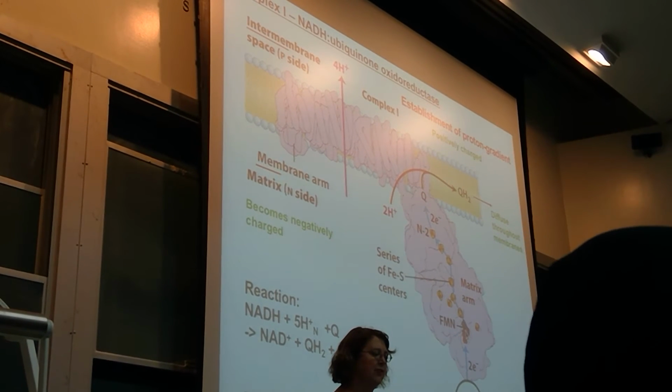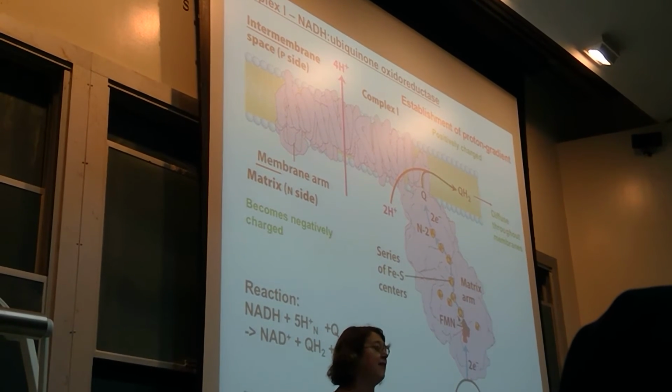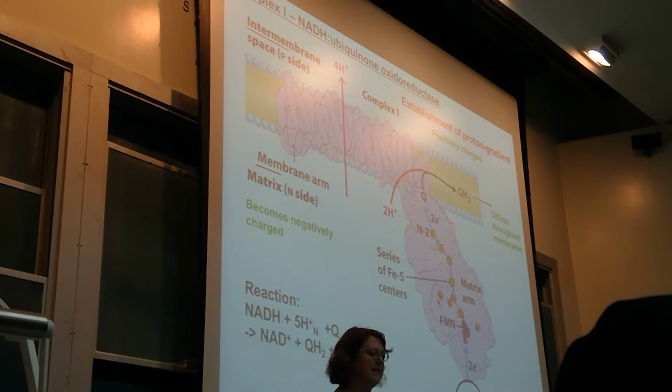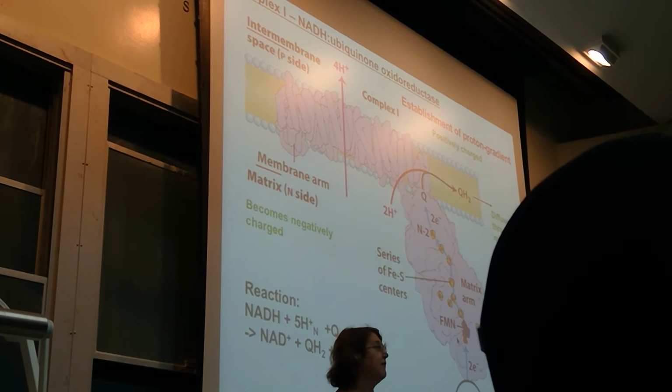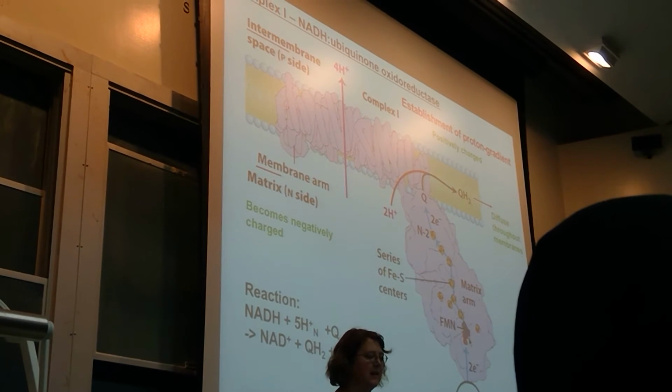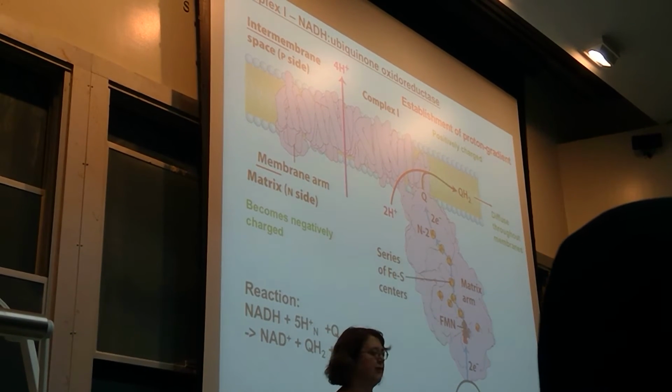So then they're being transferred. Whenever you see on these slides blue, it's the electrons, and black is for the ubiquinone, or Q. So these electrons are being transferred through the FMN, which is a flavoprotein. Again, the first lecture has this.